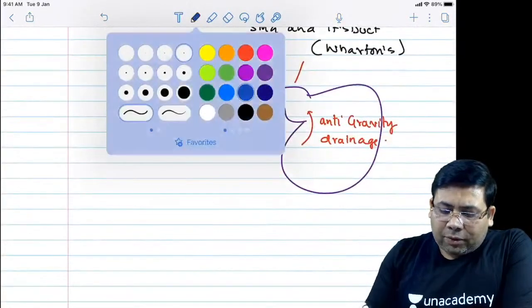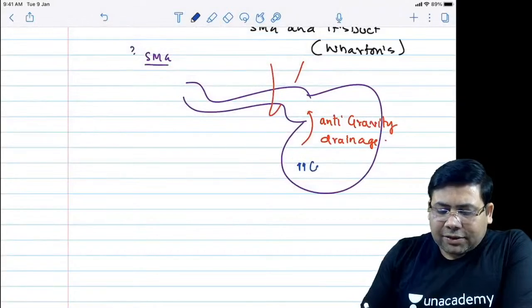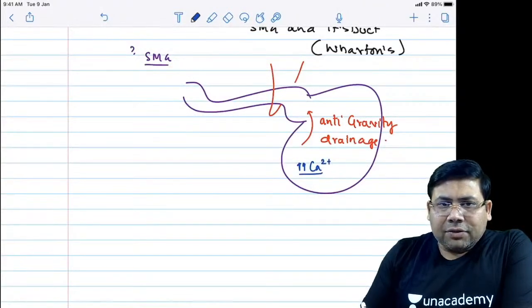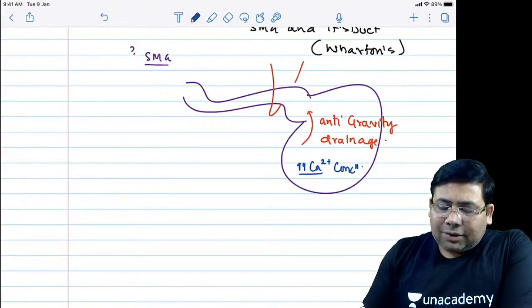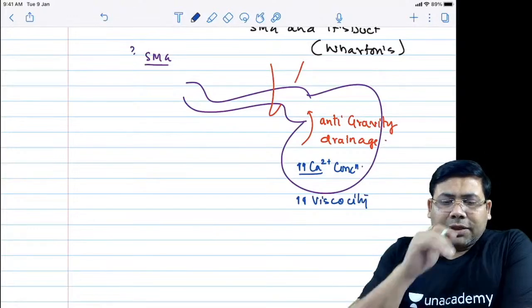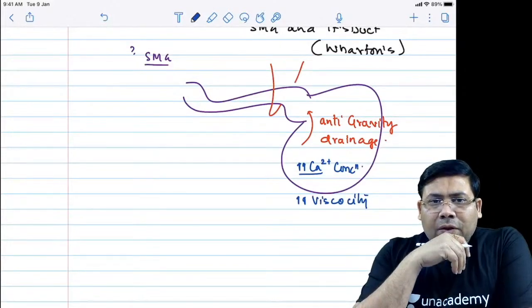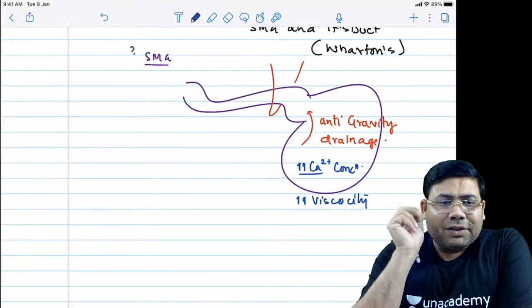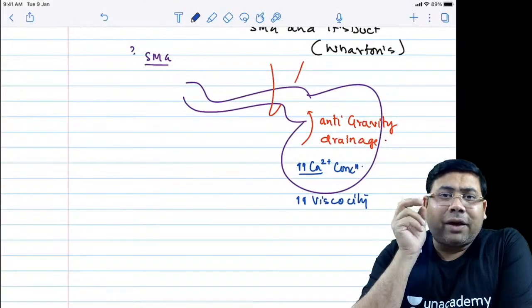The second important point is increased calcium concentration, and the third is increased viscosity of the secretion. They are not having serous, they are having a viscous secretion. And the last is the speed breaker.